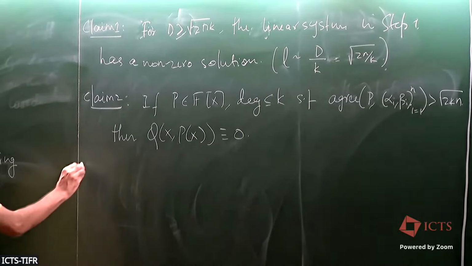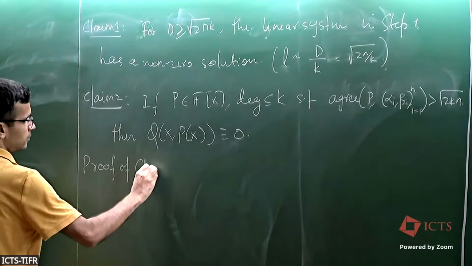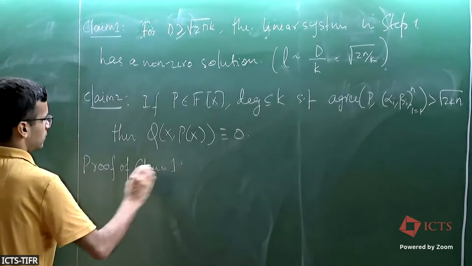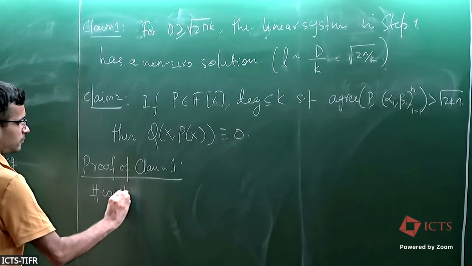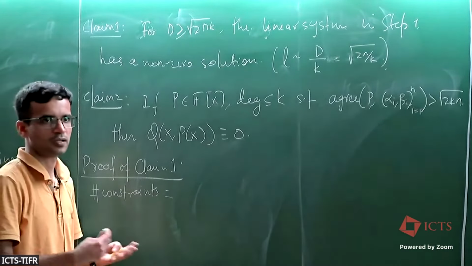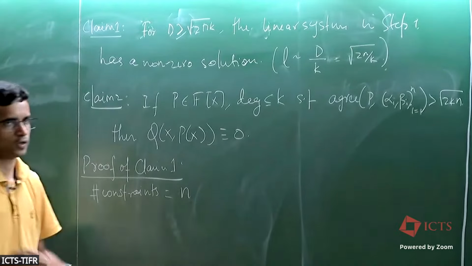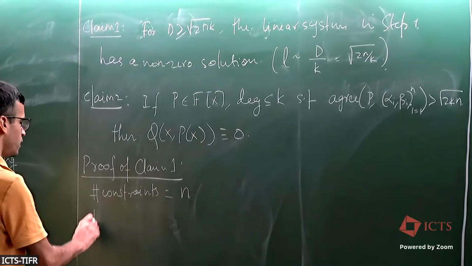So proof of claim 1. How many constraints do we have in the linear system? N. The constraints are again nothing changed: for every j, we want Q(alpha_j, beta_j) to be 0. How many variables does this have?